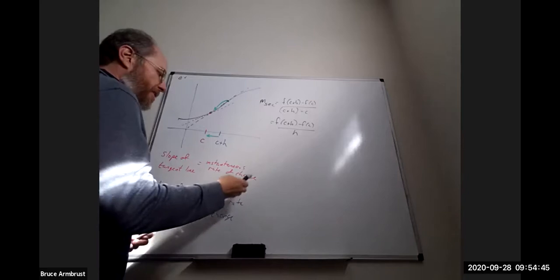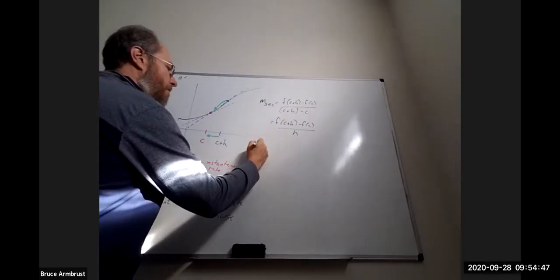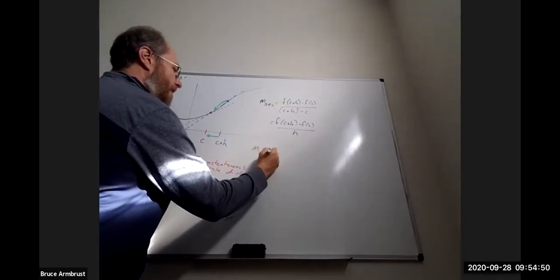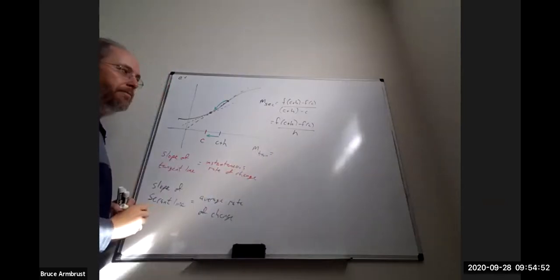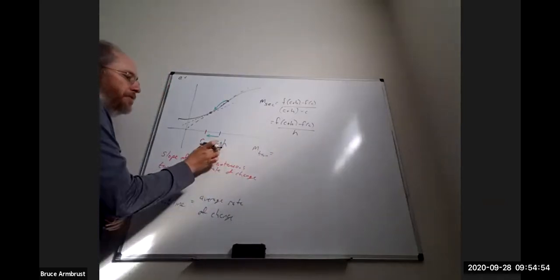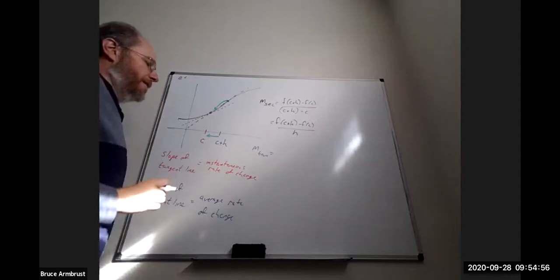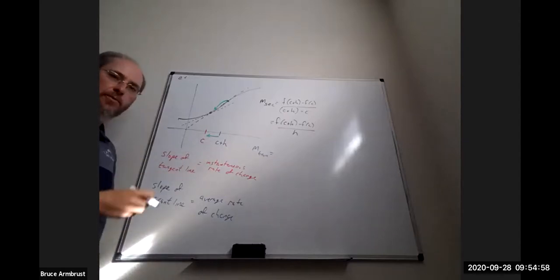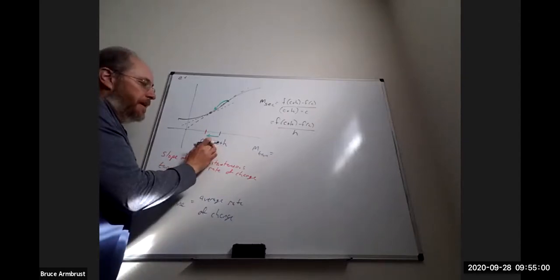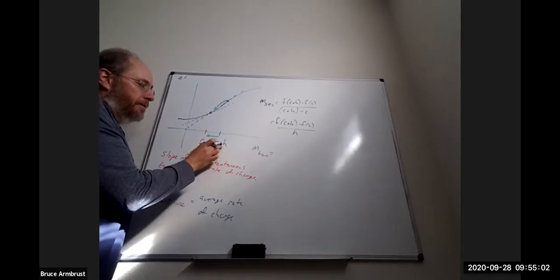All right, now if I want to change this then to slope of the tangent line, so m tan, I need these two points to get so close together that they look like they're just one point, which means I need this step to shrink.